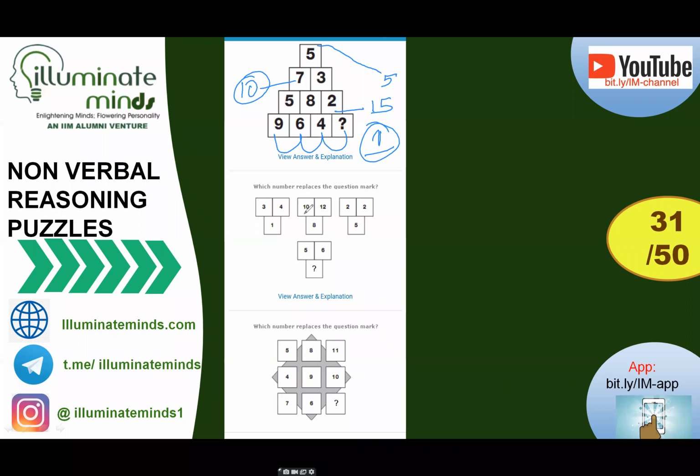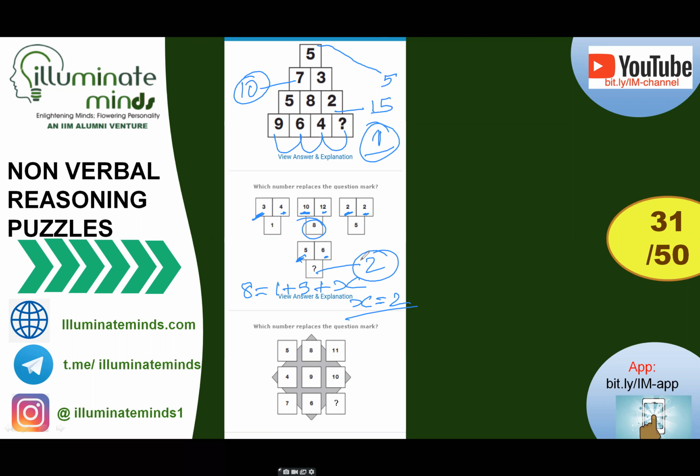So over here, if you look at this 10, this is nothing but the sum of 3 plus 5 plus 2. Similarly, 4 plus 2 plus 6 is equal to 12. So this 8 is equal to 1 plus 5 plus x, where x is equal to 2. The correct answer is 2 in this case.